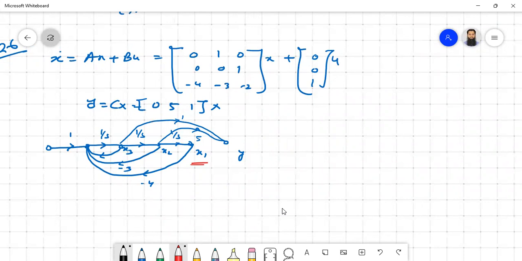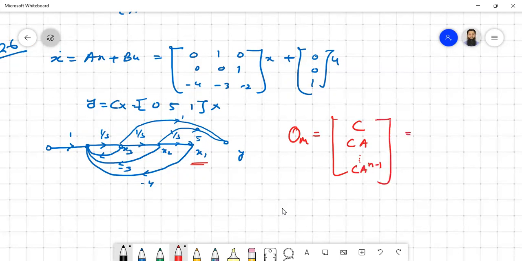Our observability matrix OM is C, CA, CA squared, up to CA to the power n minus 1. In our case, n is 3.